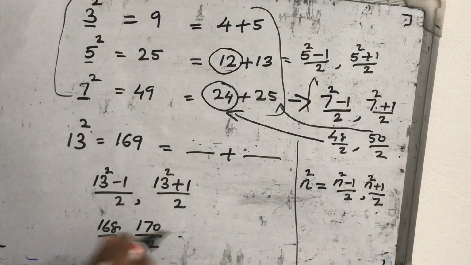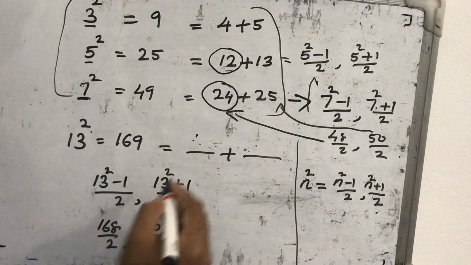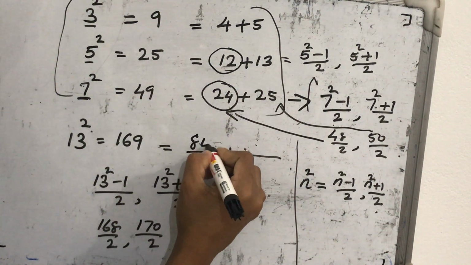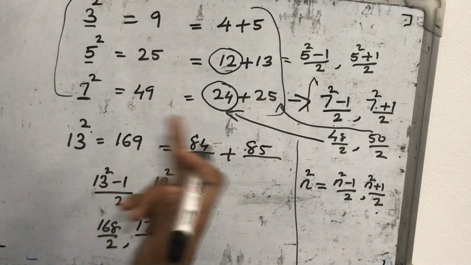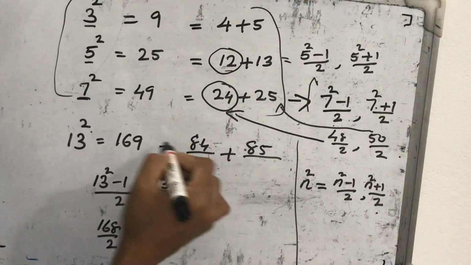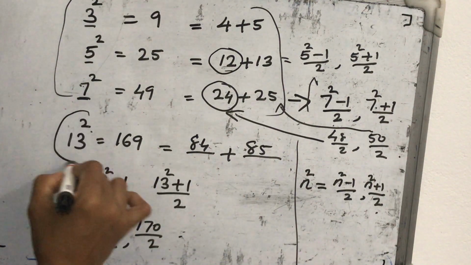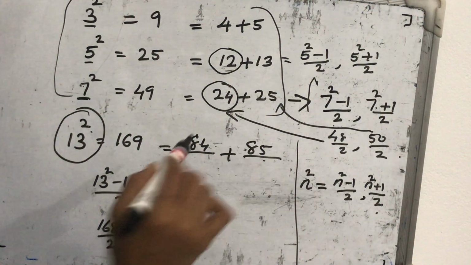So the numbers will be 84 plus 85. If the first number is 84, the next number will be 85. Now look at the sum: 5 plus 4 is 9, 8 plus 8 is 16. So 13 squared we can express as the sum of two consecutive natural numbers.